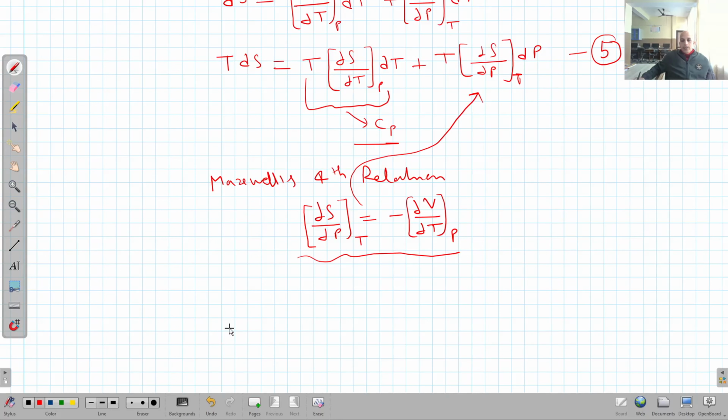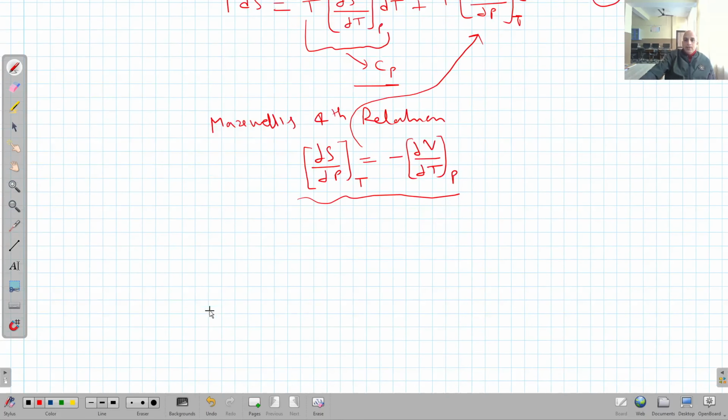So then after making these substitutions, I will get TdS is equal to Cp dT in the first term minus T (∂V/∂T) at constant P dP.